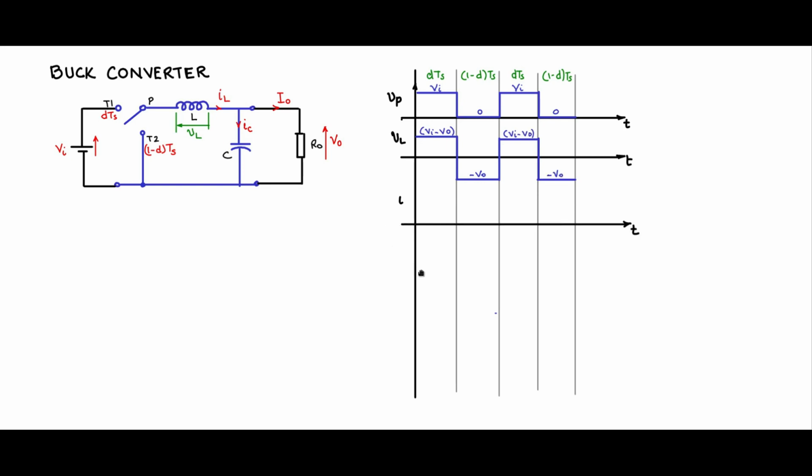Next, let us have a look at IL, the current through the inductor. Now the current through the inductor has two components. One component, the I0 component, other component, IC component. The I0 component is a DC current, average current, so it has to flow through R0 because capacitor current cannot have an average.